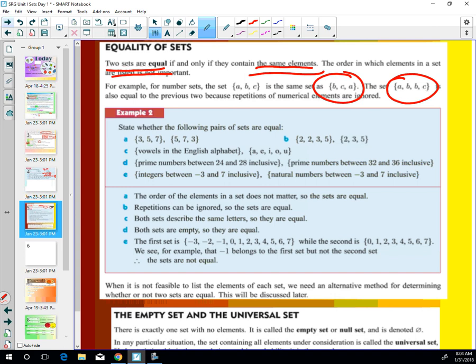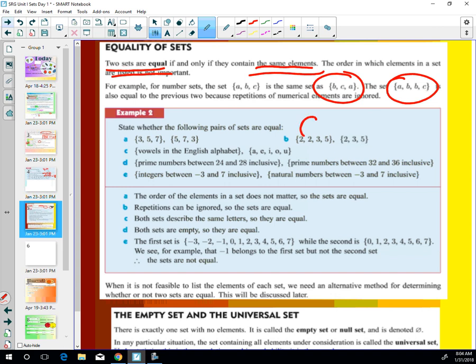So if you look at A, 357, 573, the order doesn't matter, they're equal. Vowels in the English alphabet, A, E, I, O, U, both describe the same members, so they're equal. Prime numbers between 24 and 28, prime numbers between 32 and 36. Both sets are empty, so they are equal.